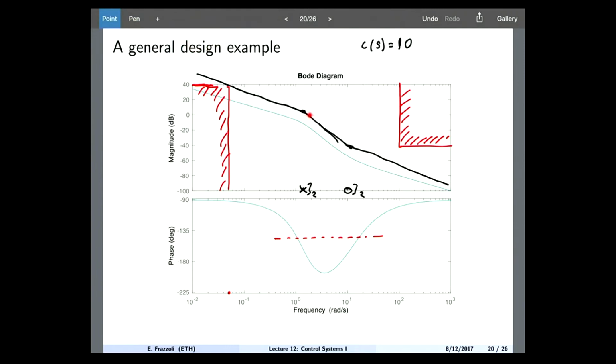Crossover is here, right? This is the frequency at which we hit the 0 dB line. It's around here. Well, I think that technically it is stable, but you see that the phase margin is 3 degrees or something. You don't want that. So how do we fix that?